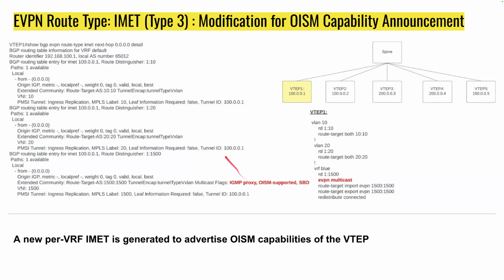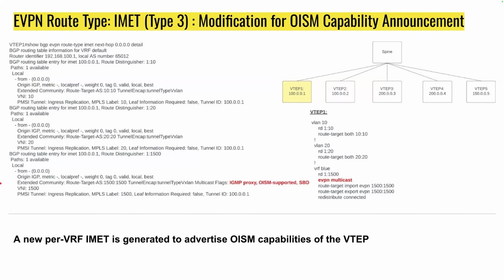Initially when there was just L2 and we were doing redistribute IGMP, we were seeing IGMP host proxy in the IMETs generated per VLAN. But here the L2 IMETs are plain, and the IMET generated per VRF has all the capabilities listed: IGMP proxy, OISM supported, and SBD.